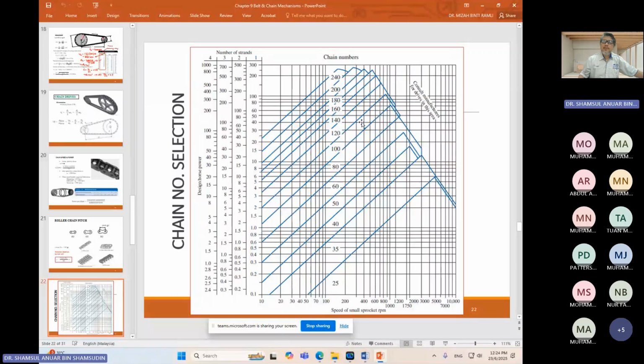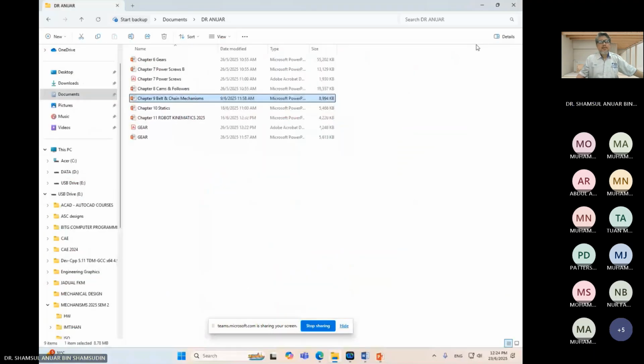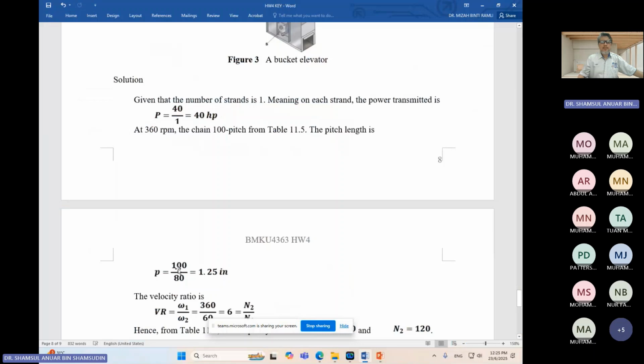So that is in this region, 100. So 360 is here, and hit 40 here. So you are in the region for 100. So chain number 100. That's why you choose chain number 100.